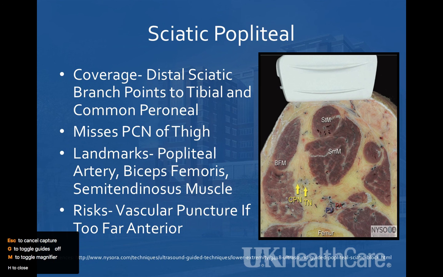So in our cadaver section here, there's a little bit of shifting of the ultrasound probe, as they're imaging this right on the semitendinosus muscle. Typically, because of the orientation of this leg, it's rotated a little bit. I'll have the probe on the biceps femoris muscle, pushing medially against the semitendinosus muscle, and then we're looking at the sciatic nerve, in this particular instance the common peroneal and tibial nerves, just deep to the biceps femoris.